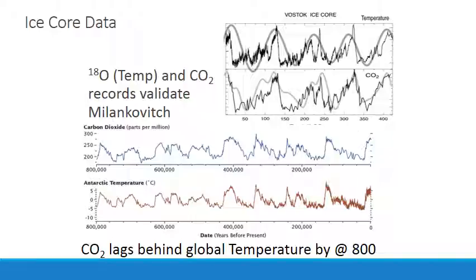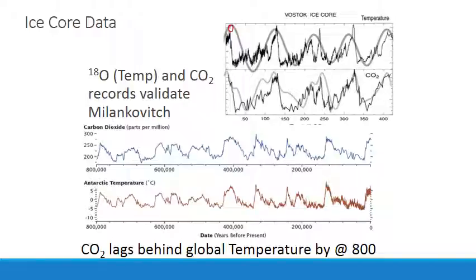When we look at the ice core data, here's the same trend, right? Here is the oxygen 18 data. We see a high number 125,000 years ago that rivals the one we're experiencing today.